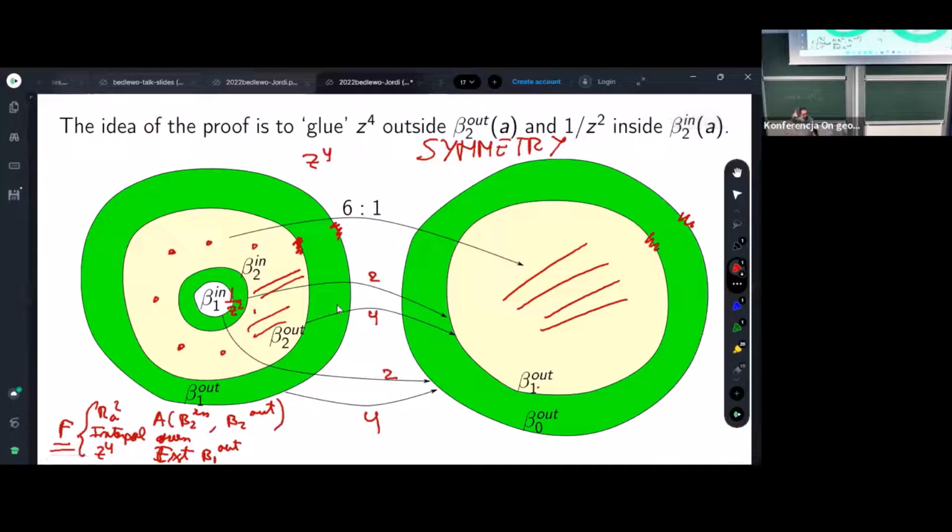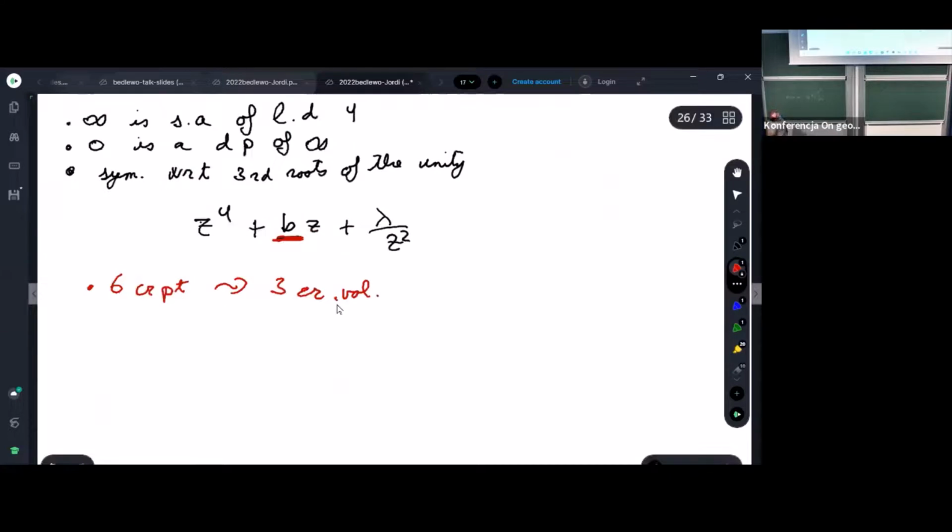If the 6 critical points are mapped onto a single critical value, this critical value has 12 preimages. So this would be a contradiction with the fact that our model map has degree 6. So actually, what happens is that 6 critical points are mapped to 3 critical values. And if you work a little bit with that, this implies that B is equal to 0. And we are done. So that's how, doing surgery, you can actually recover the McMullen family.